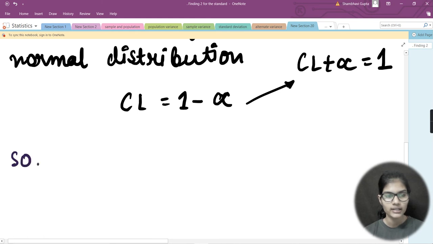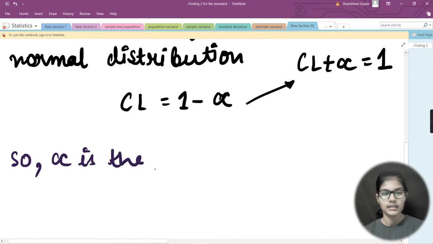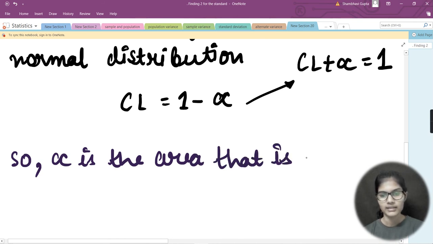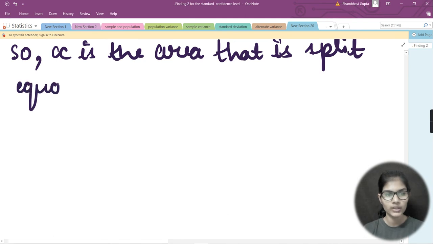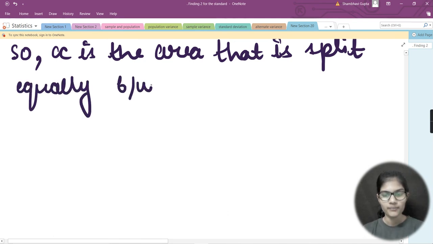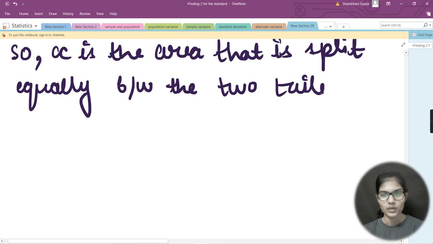So alpha is the area that is split equally between the two tails.